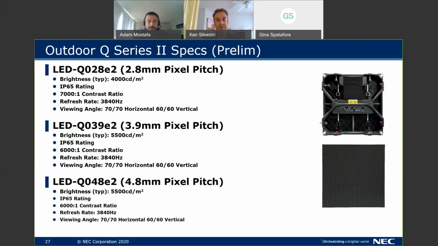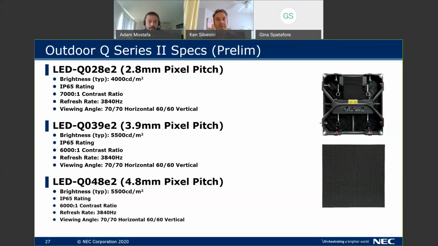You can offer them a solution in, for example, 2.8 millimeter, same pixel count, same screen sizes, but one is an indoor LED screen, one is an outdoor LED screen. So what that means is the customer now only has to provide one piece of content to the screens, regardless of whether it's indoor or outdoor, same pixel pitch, same resolution. It makes life a lot easier from a solution standpoint.